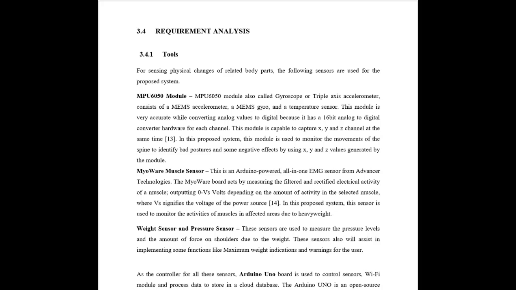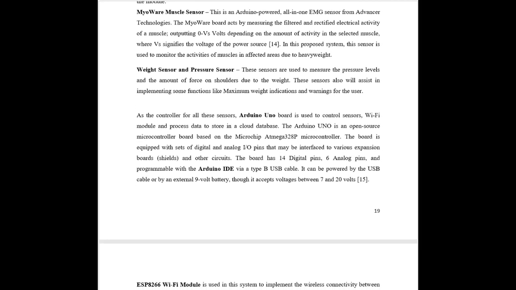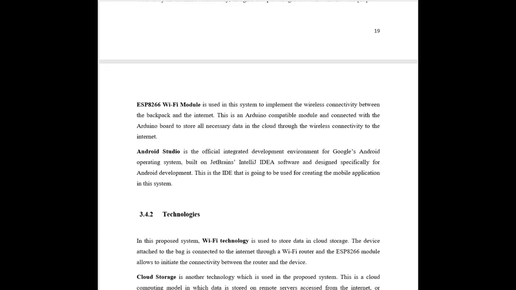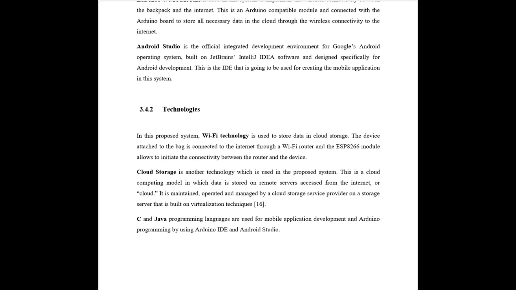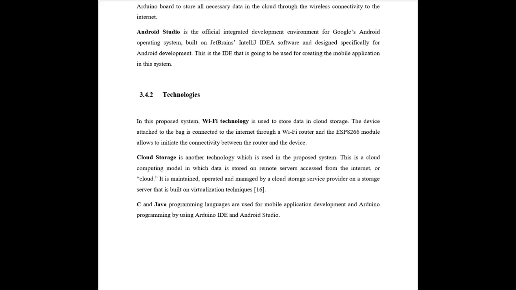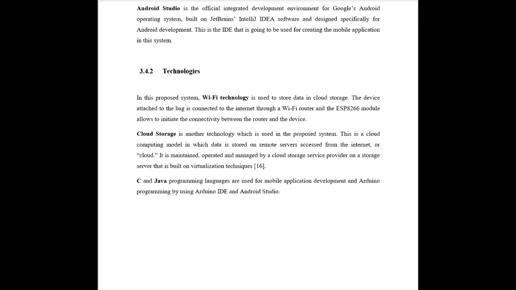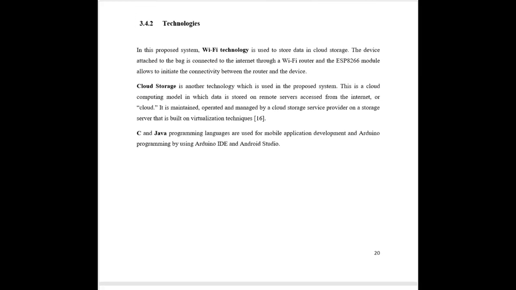So the MPU 6050 module, MyoWare muscle sensor, weight sensor, pressure sensor, Arduino Uno board. All these tools and technologies were discussed in the previous two videos, and that information has also been included in the progress report.